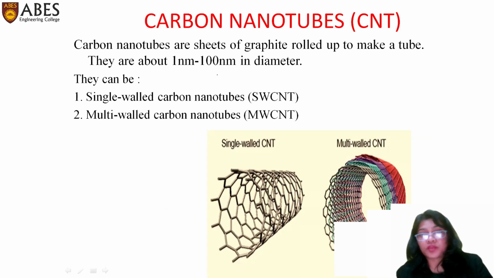These tubes have a diameter ranging from 1 nanometer to 100 nanometer. Carbon nanotubes can be single walled or multi walled. This is an example of single walled carbon nanotube, and this is an example of multi walled carbon nanotube.